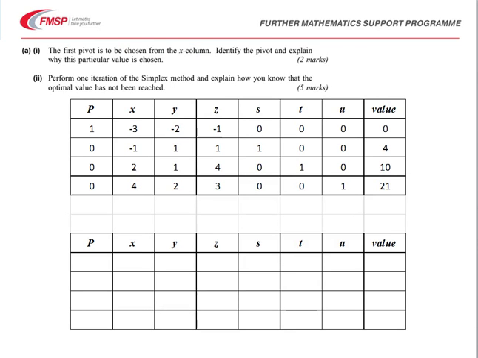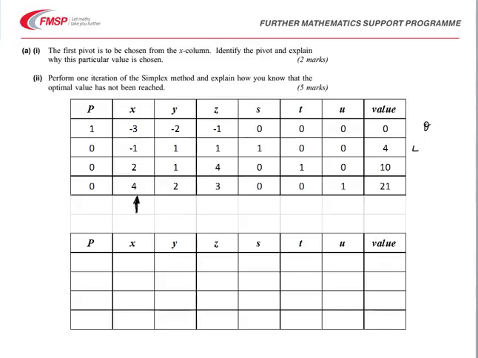We're told to choose the x column. We've been told that because the x value, negative 3, is the most negative value that we have in that first row. So choosing that as our pivot column, we now need to calculate what are sometimes referred to as the theta values by taking the value at the end of each row and dividing by the number which is in the x column.